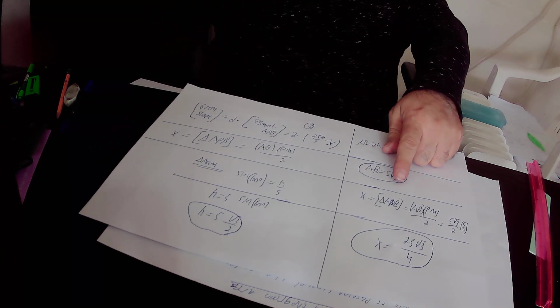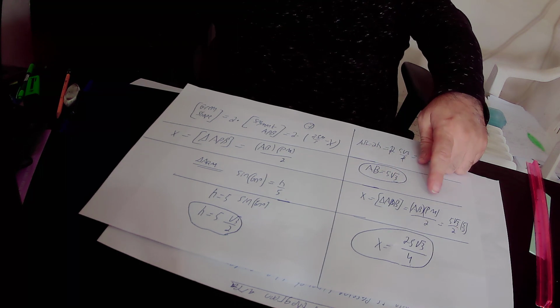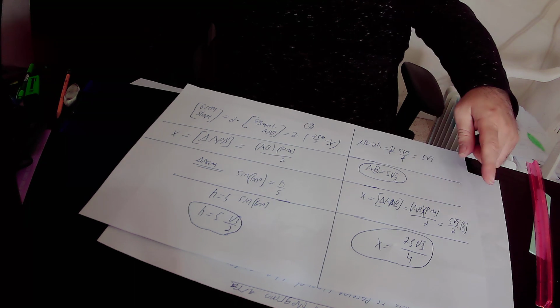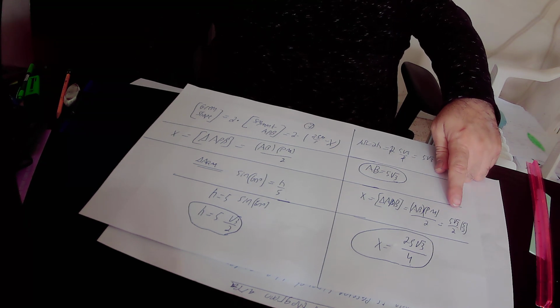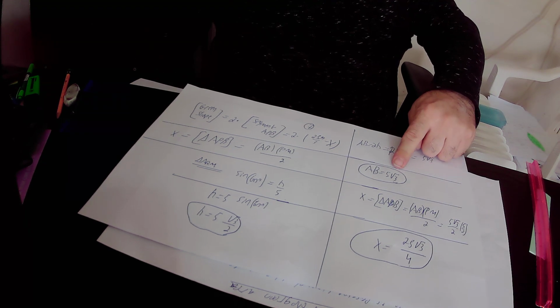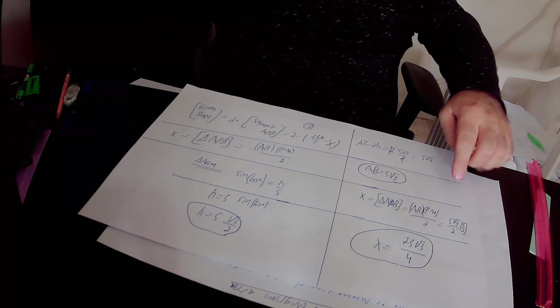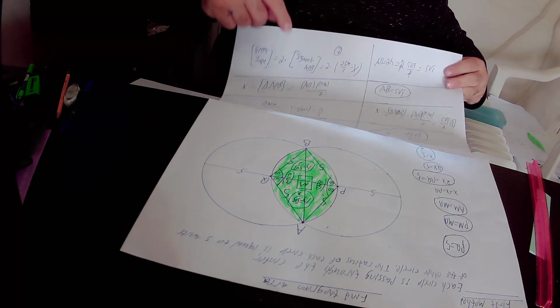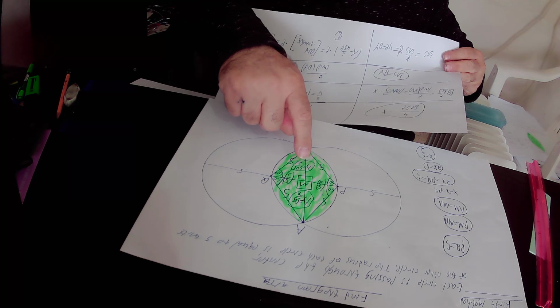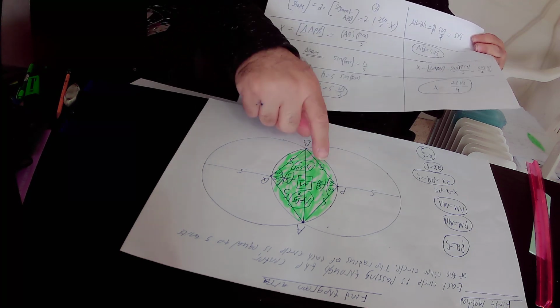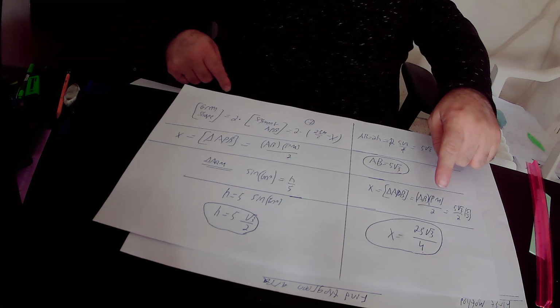So x, that equals the area of triangle APB, equals the base AB times the height, that is PM, over 2. The base AB is 5 times square root of 3. The height is 5 over 2 units, all divided by 2.